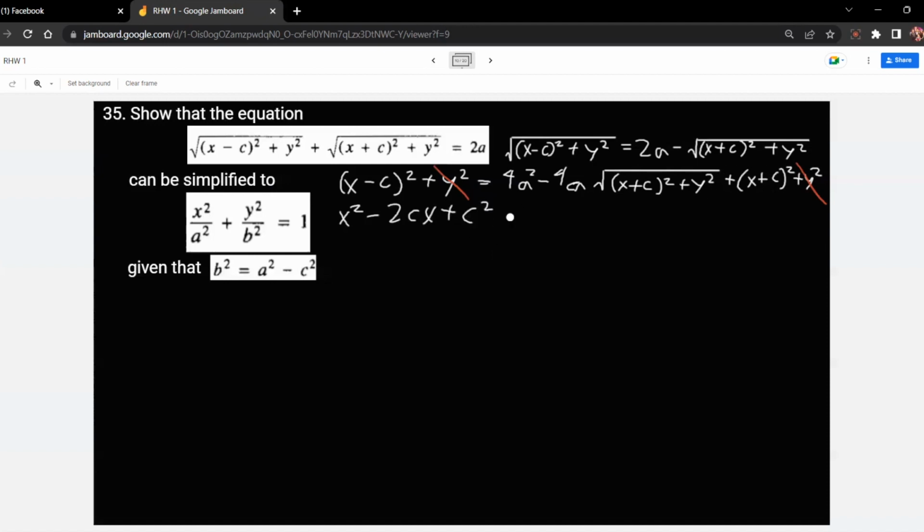Okay, so may mga plus 2cx, matanggal na siya. Equals 4a squared. Malipat na natin: so minus 2cx is equal to 4a squared, square root of (x plus c) squared plus y squared, plus 2cx.